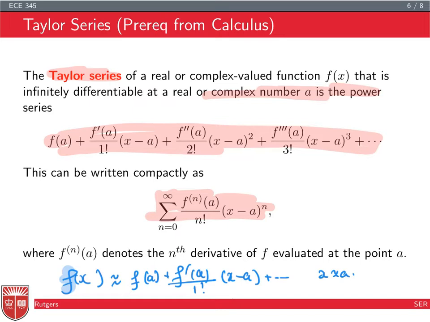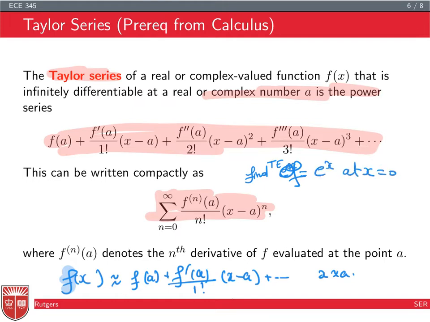For example, one famous Taylor series that you should know is the Taylor series expansion of e to the x, and this is the Taylor series expansion at 0. Let me ask it like a question here: find the Taylor series expansion of e to the x at x equal to 0.